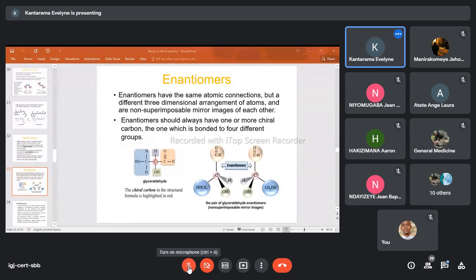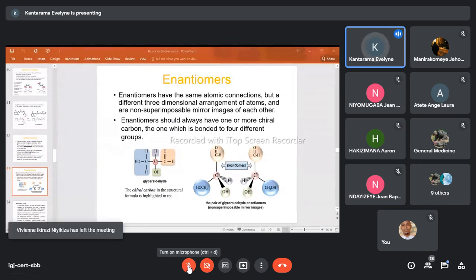On this picture we are trying to show enantiomers. These are the pair of glyceraldehyde enantiomers, non-superimposable mirror images. The other importance here is this carbon, where we said that enantiomers should always have one or more chiral carbon.